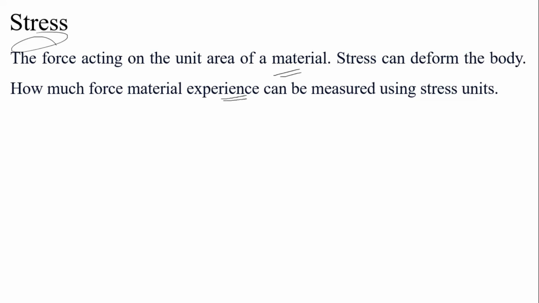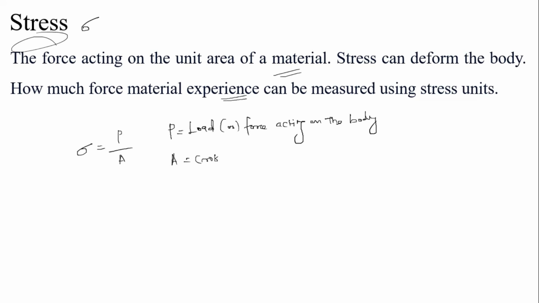Stress is denoted by sigma, right? So sigma is equal to load by area, clear? Where P is equal to the load or force acting on the body, whereas A is equal to the cross sectional area of the body.